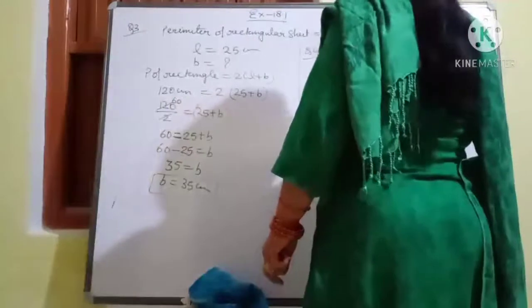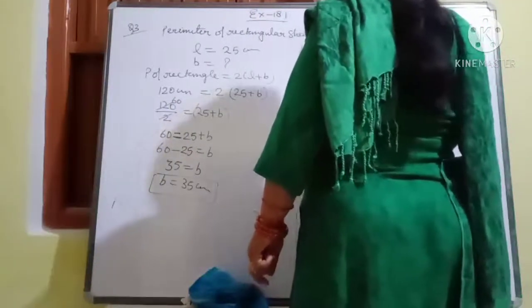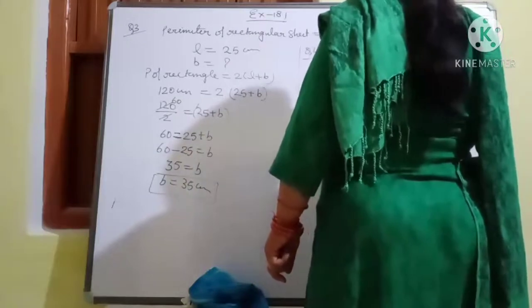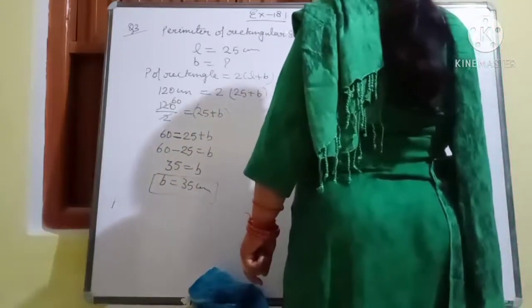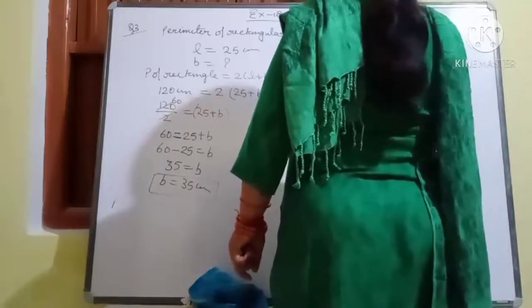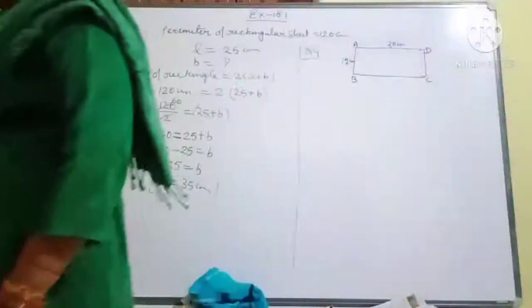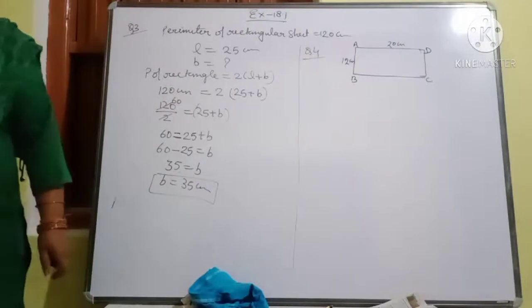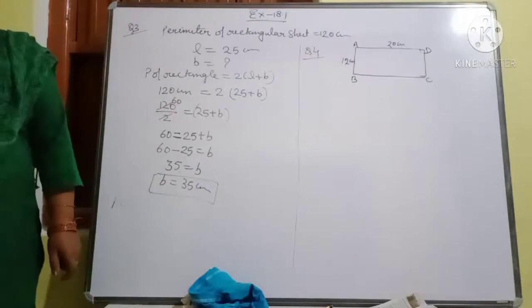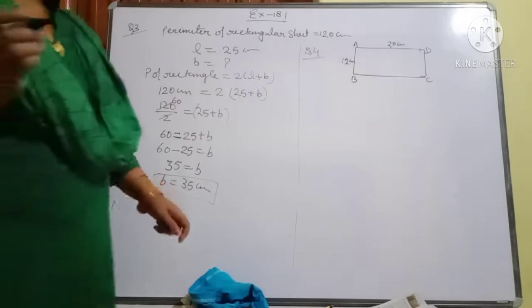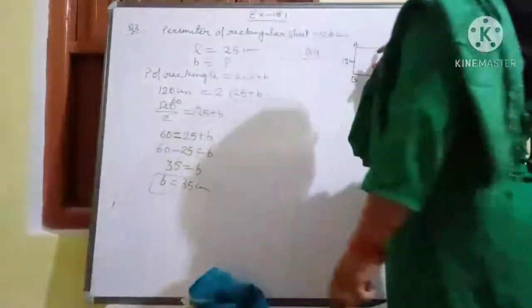A rectangle is formed from a wire. I am giving it the name ABCD. Now see what he is saying. The same wire is bent in the shape of a square. What will be the side of the square?